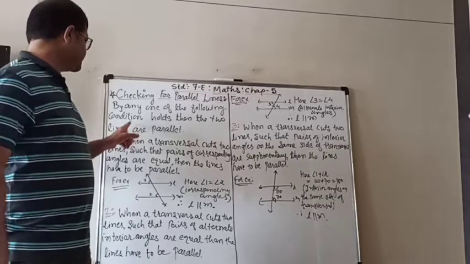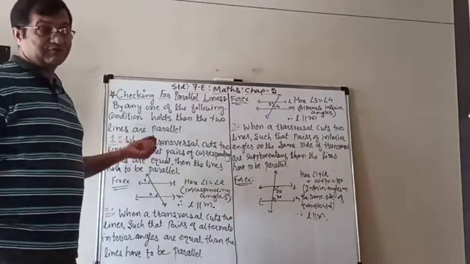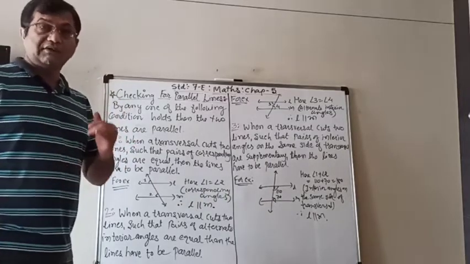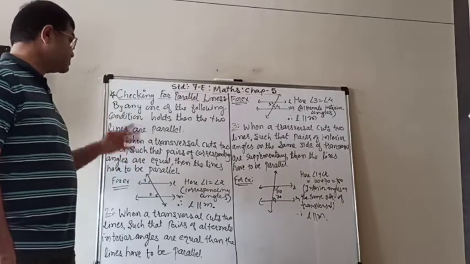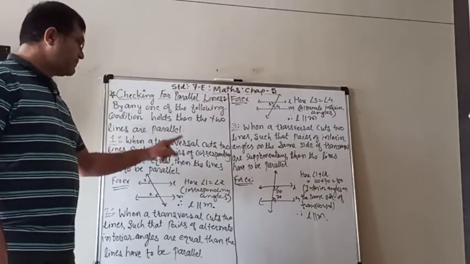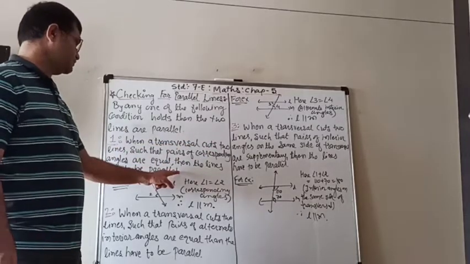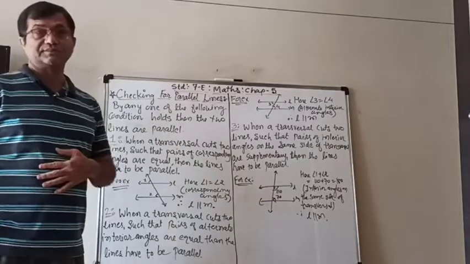First is that when a transversal cuts two lines, we don't know whether they are parallel or not, but we have to check. So when a transversal cuts two lines such that pairs of corresponding angles are equal, then the lines have to be parallel.